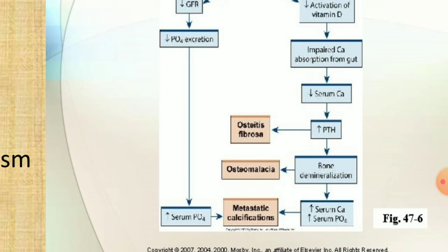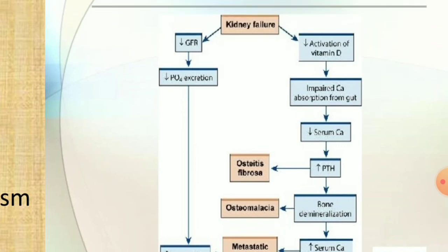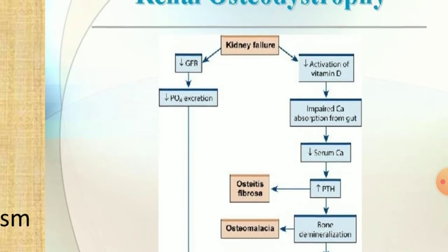There will be excessive serum calcium and excessive serum phosphate. An entire scenario arising due to renal disorder will be termed as renal osteodystrophy.